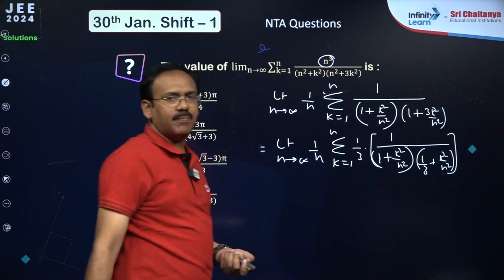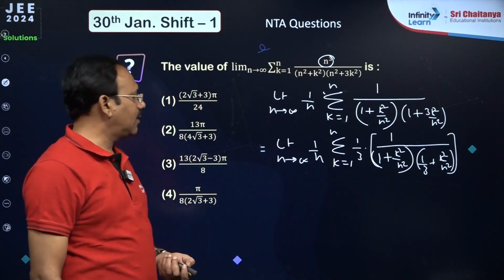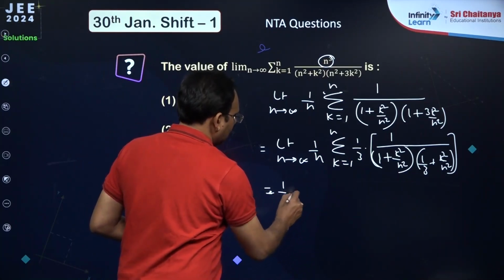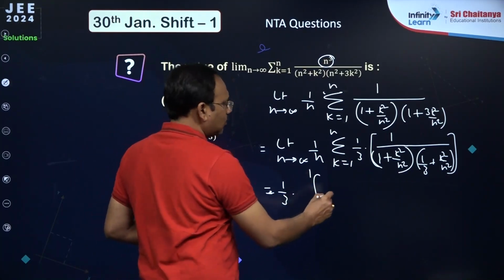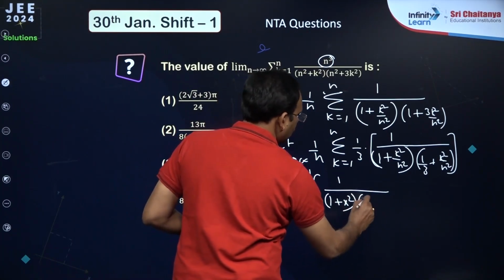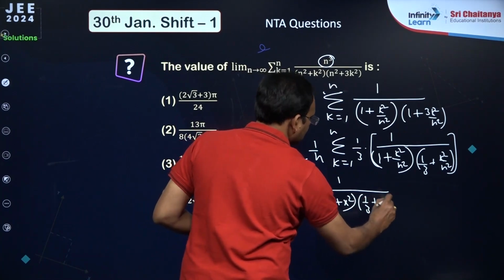Exactly, now it is perfectly fit to write the integral. So 1 by 3 is constant, you can write it outside. This is integral 0 to 1, 1 by 1 plus x square into 1 by 3 plus x square dx, my dear friends.